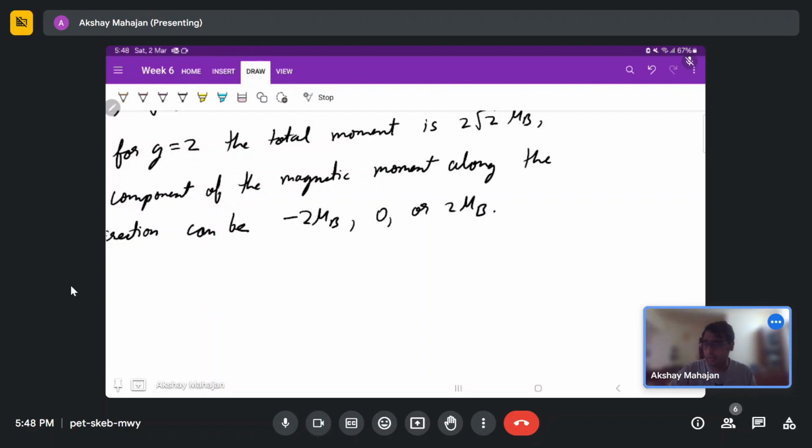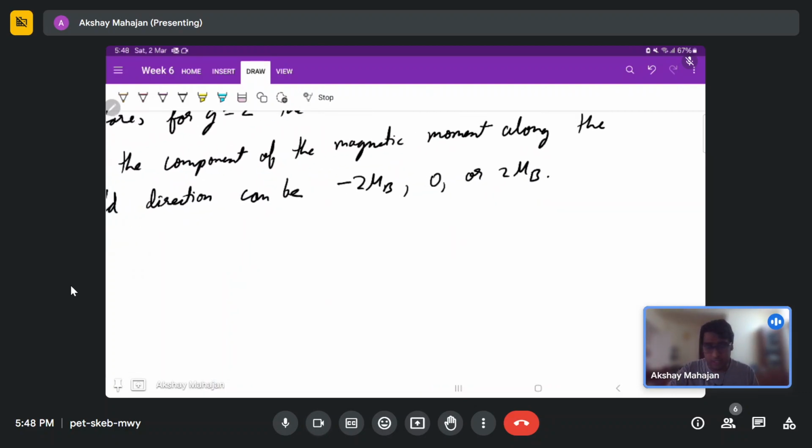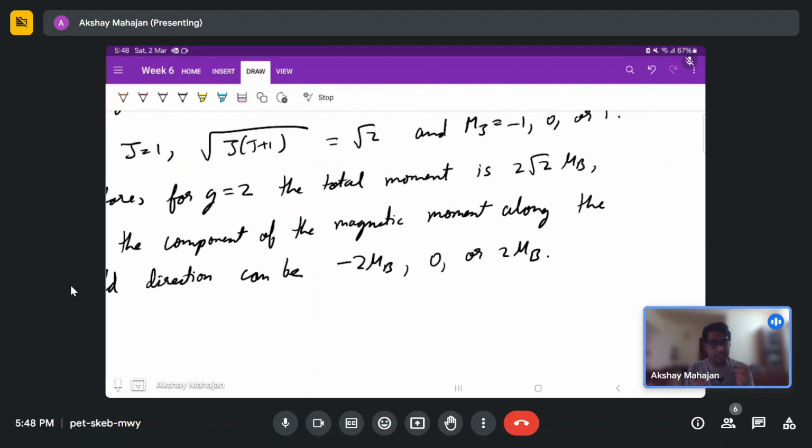Alright, and also you can see that along the field direction, we have a total magnetic moment, and then we have the magnetic moment along the field direction.